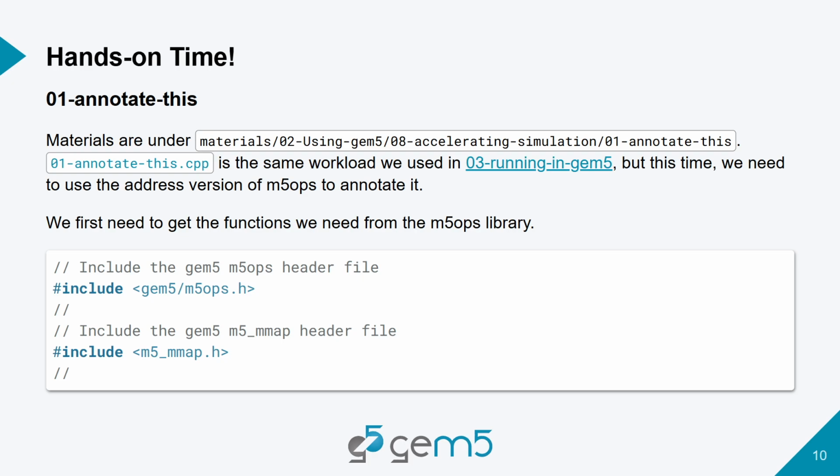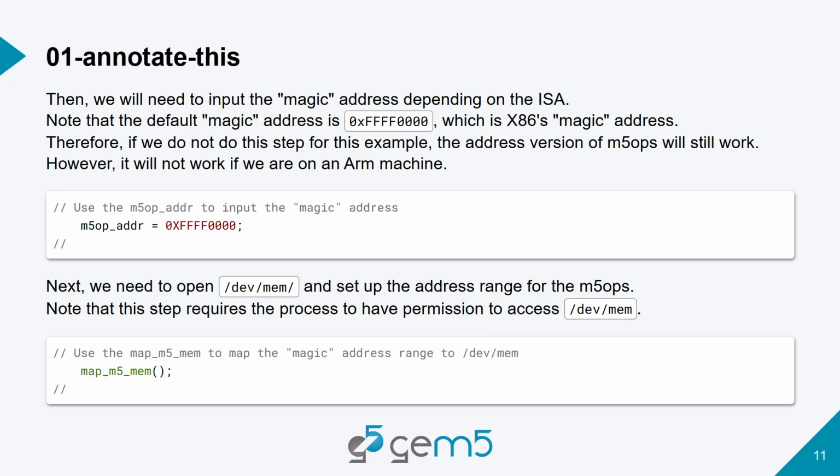This contains the functions we need to open the /dev/mem file and also change the M5 base address. Then we can use the m5op_addr variable to store our magic address and use the map_m5_mem function to open /dev/mem and map our magic address range into the memory of the process.